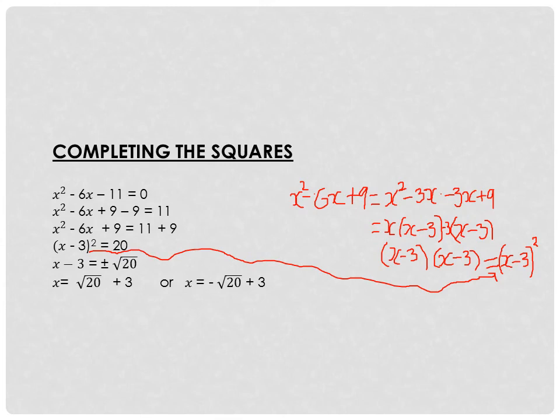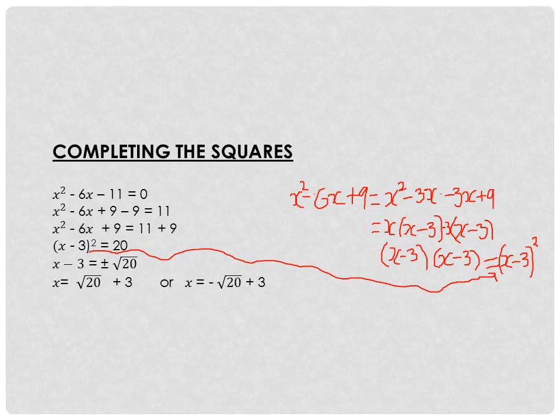You remember how we solved example 2? We find two numbers that when we multiply, we get positive 9, and when we add, we get negative 6. So please look at the workings. The two numbers are negative 3 and negative 3.